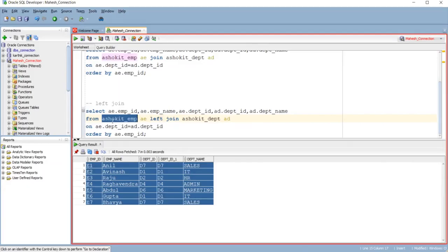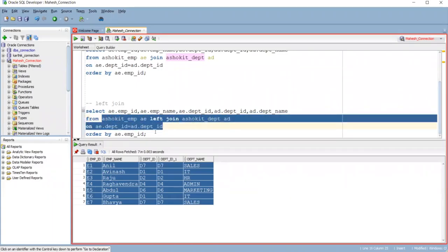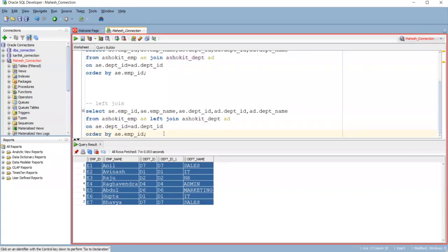What about the right hand side table? Only the matched records between these two tables will be included here, and then the non-matched records from the left hand side table will also be included in the result.